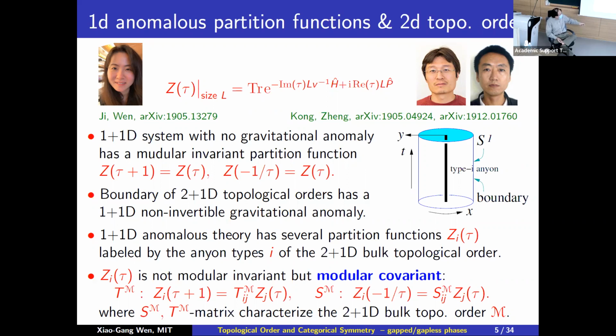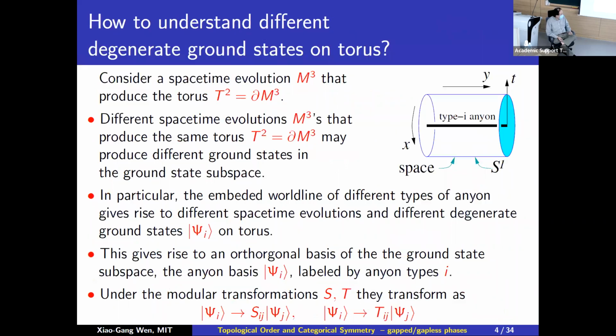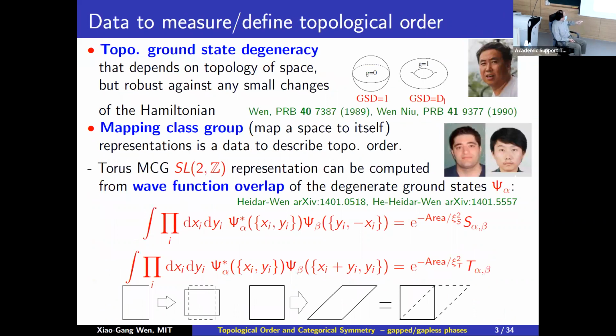I believe that this multi-component partition function would transform covariantly under modular transformation, and what the ST matrix is, is very natural from the bulk. It is the requirement that the wave function has a nice modular property. Can you give me some hint why it should be so? Here is the overlap between two wave functions. What is the partition function?